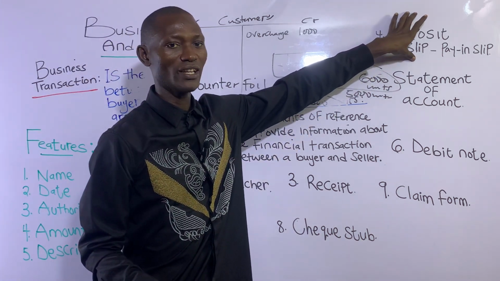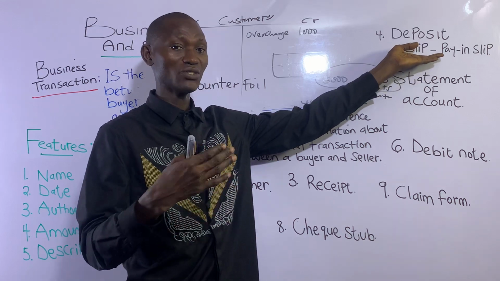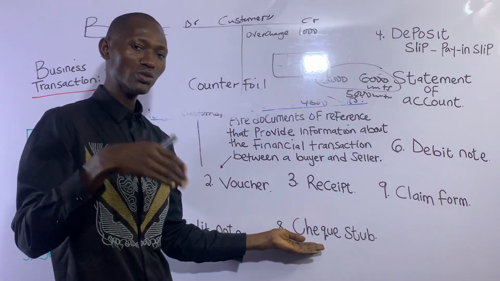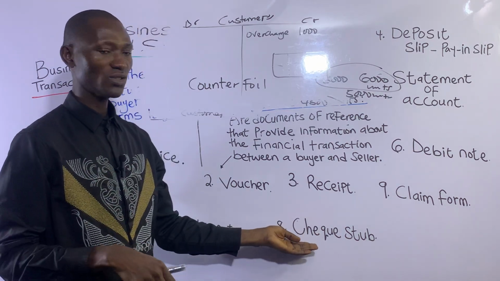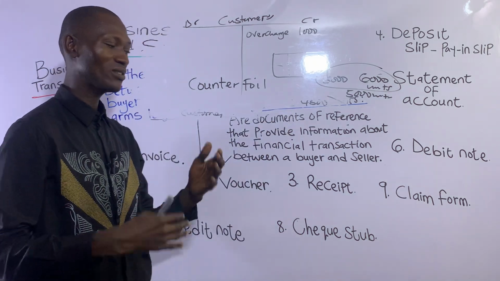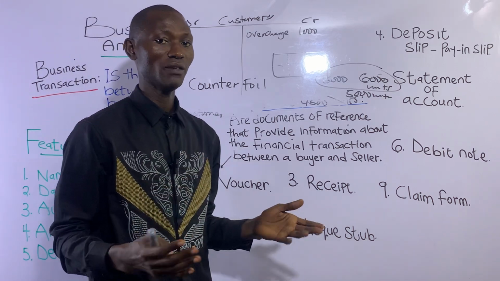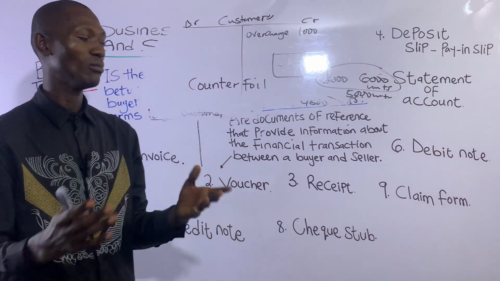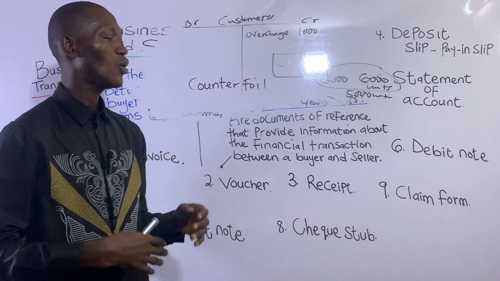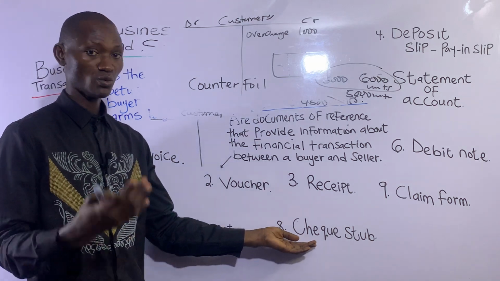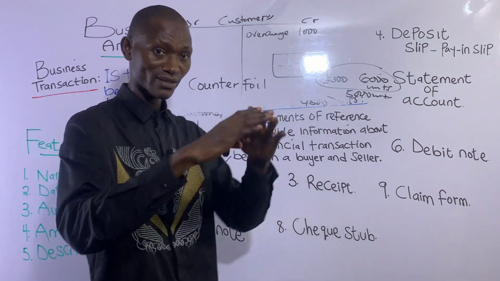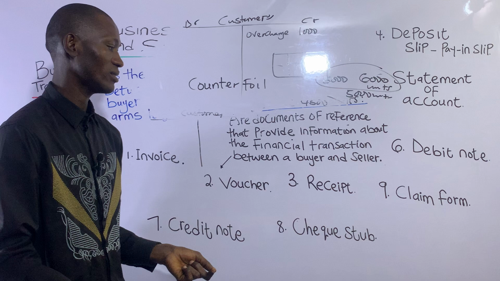This can be used to update the cash book with respect to the cash that had been lodged with the bank or paid into the bank account. These can be used to update the cash book as well, but with respect to check. And you can also use it to update your check register. Check register is a list of checks received and checks paid for the period, perhaps weekly, monthly, and all that. So check stub is a source of information for updating the cash book with respect to check issued or check received. And that's talking about check register.